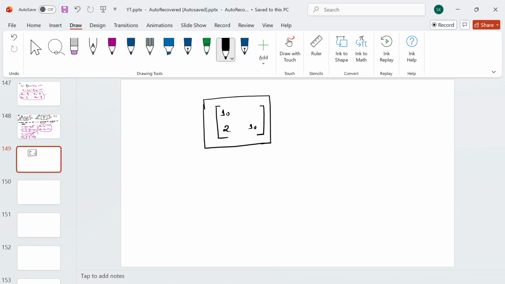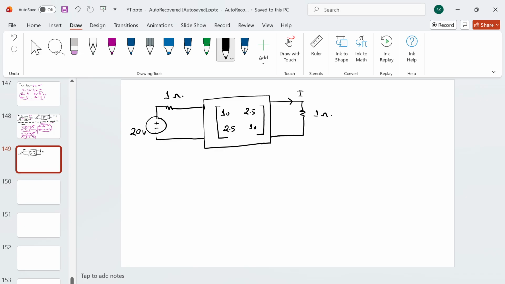Ten, 2.5, 2.5, 20 volt. You need to find the current I here.